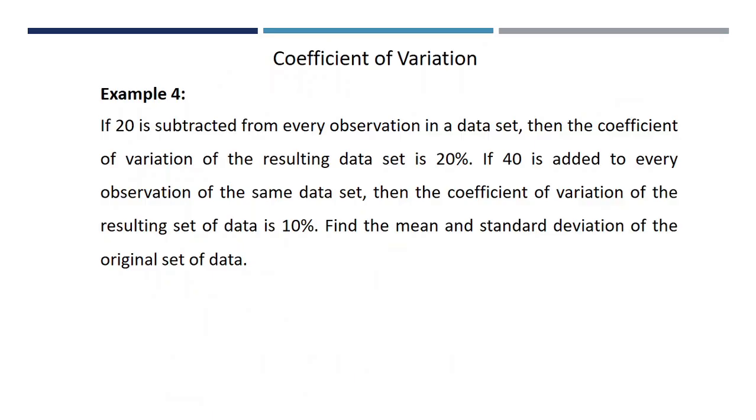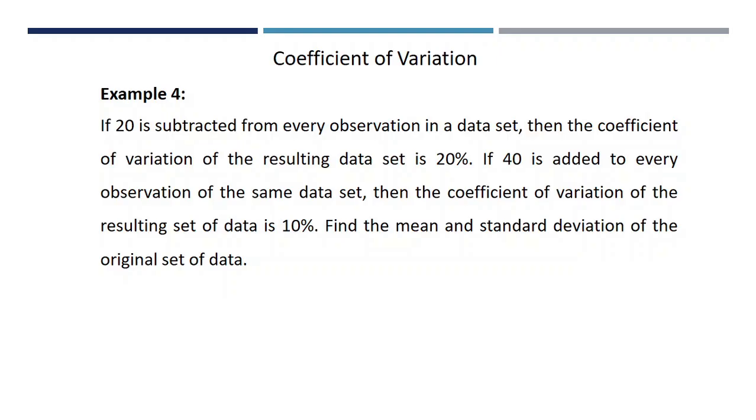Another one: if 20 is subtracted from every observation in a data set, then the coefficient of variation of the resulting data set is 20%. If 40 is added to every observation of the same data set, then the coefficient of variation of the resulting set of data is 10%. Find the mean and standard deviation of the original set of data.